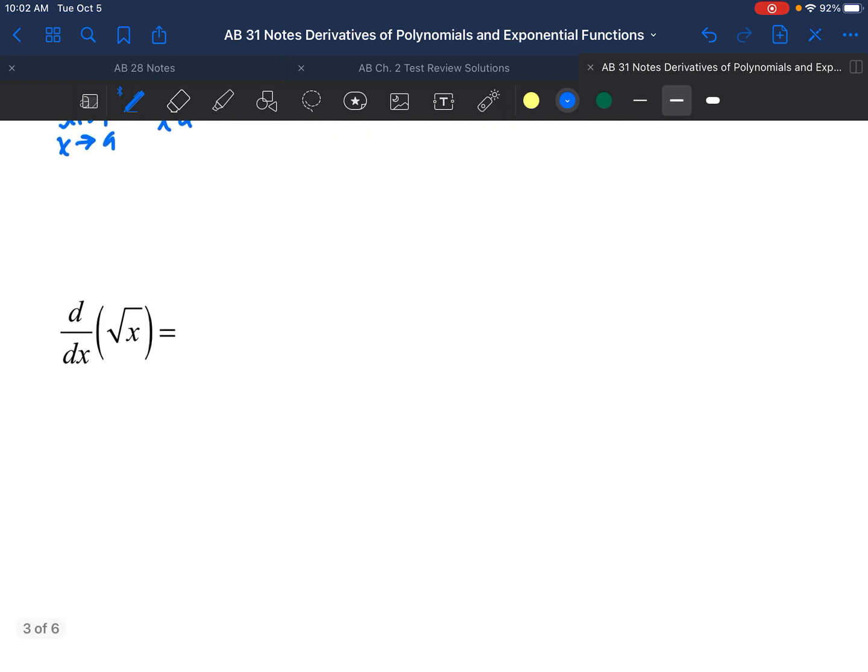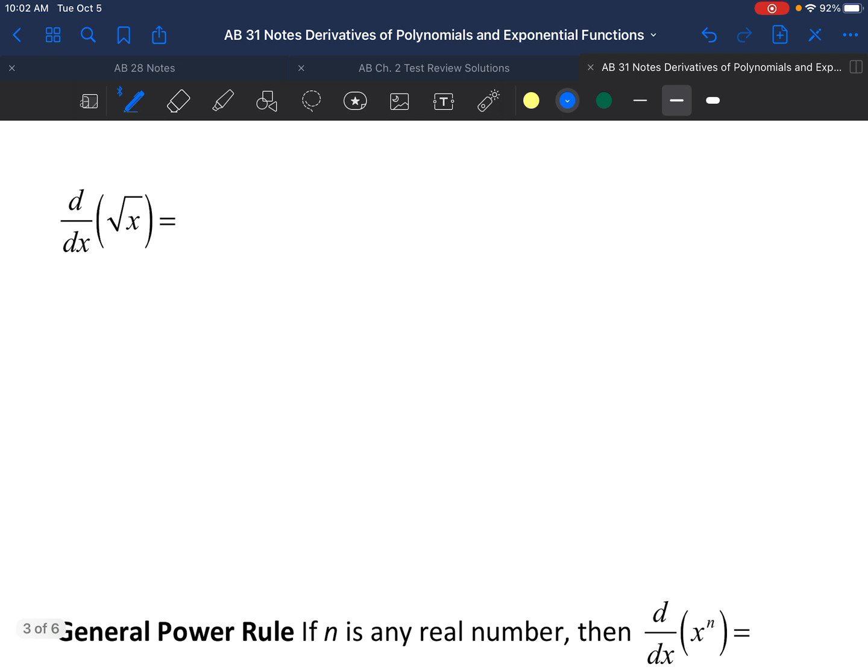Let's check about rational exponents. Well, the square root of x, this would be the derivative with respect to x of x to the 1/2. What we had seen before, limit as x approaches a of square root of x subtract square root of a over x minus a. We knew that we're going to multiply by the conjugate.